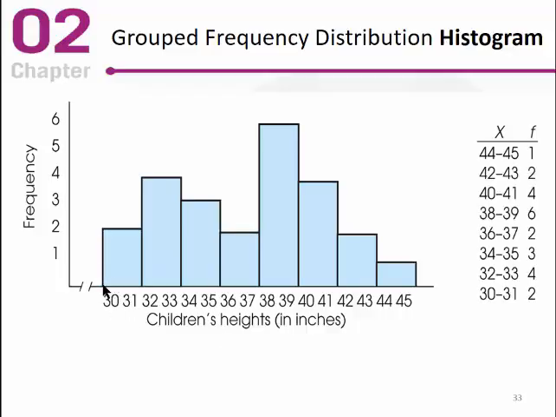It doesn't start at the 30. 29 and a half to 31.5, and then 31.5 to 33.5. The consequence of this is that the apparent limits are extended out again 1/2 score unit at each end of the interval. In this case it's children's heights in inches, and that's again because height is a continuous variable, right?